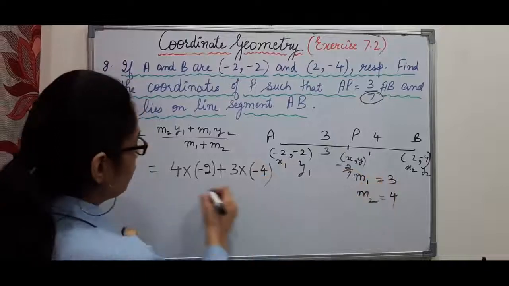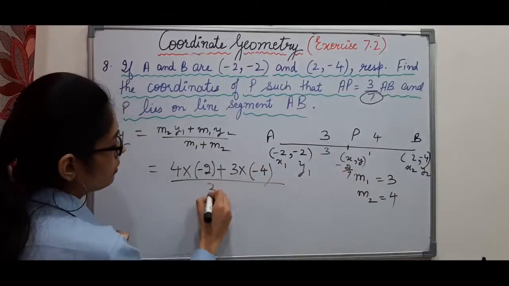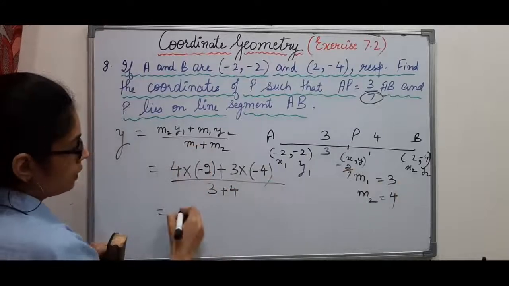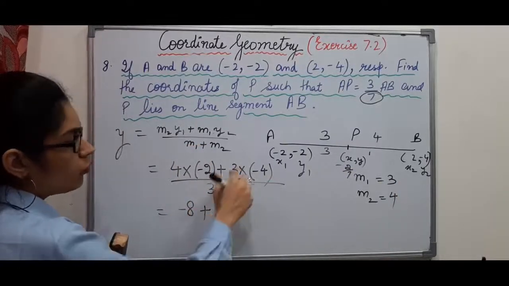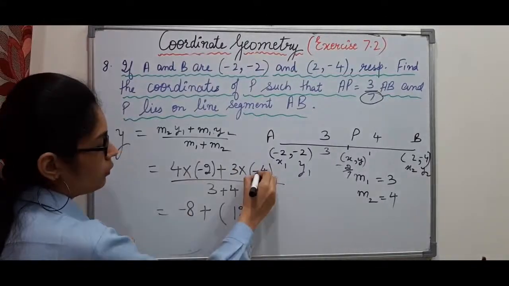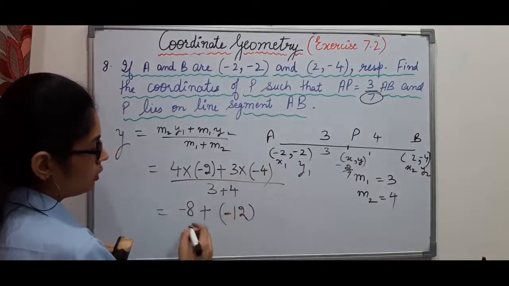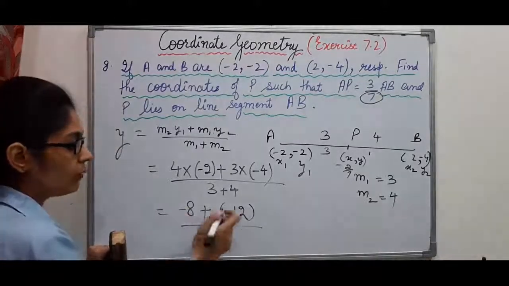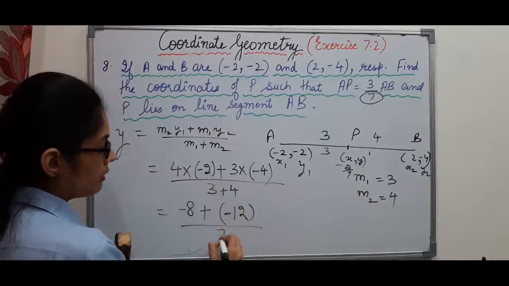I have written all the values, and you can see m1 plus m2 is 3 plus 4. So 4 into minus 2 will be minus 8, and 3 into minus 4: 3 into 4 is 12 with a minus sign. Whenever in multiplication one minus sign is there, you also write a minus sign with your answer. 3 plus 4 is 7.